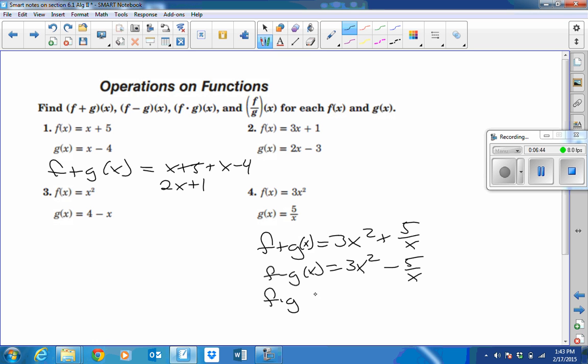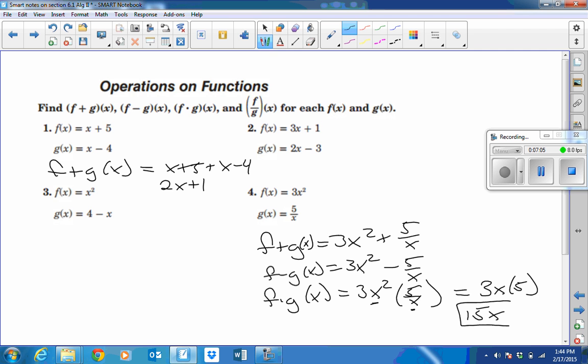F times g of x. I'm going to multiply the two functions. 3x squared times 5 over x. I can simplify that. Here's an x squared and here's an x. 3x times 5, or 15x.